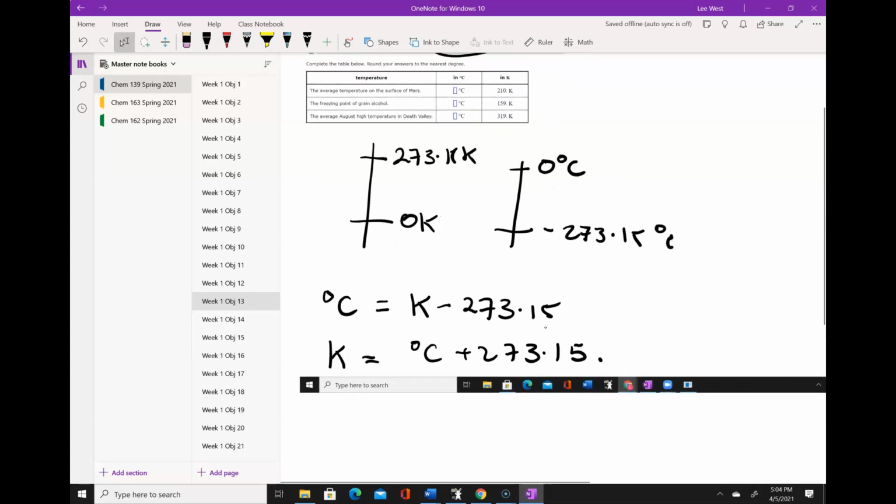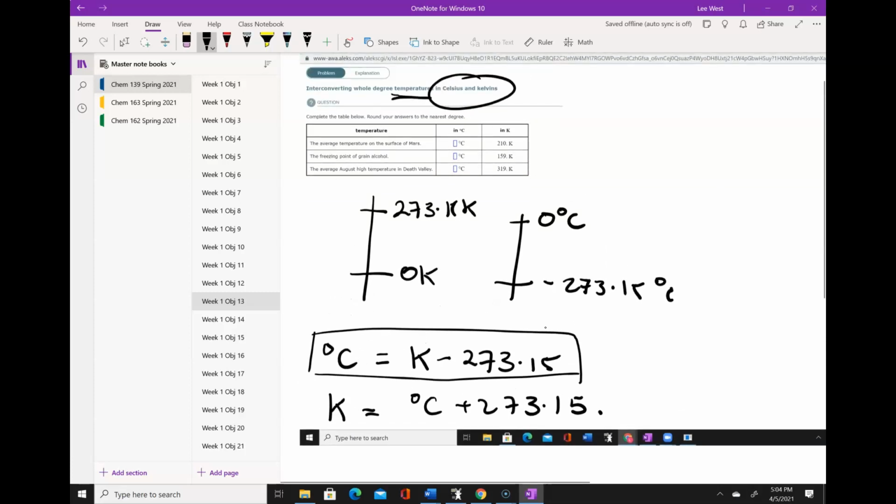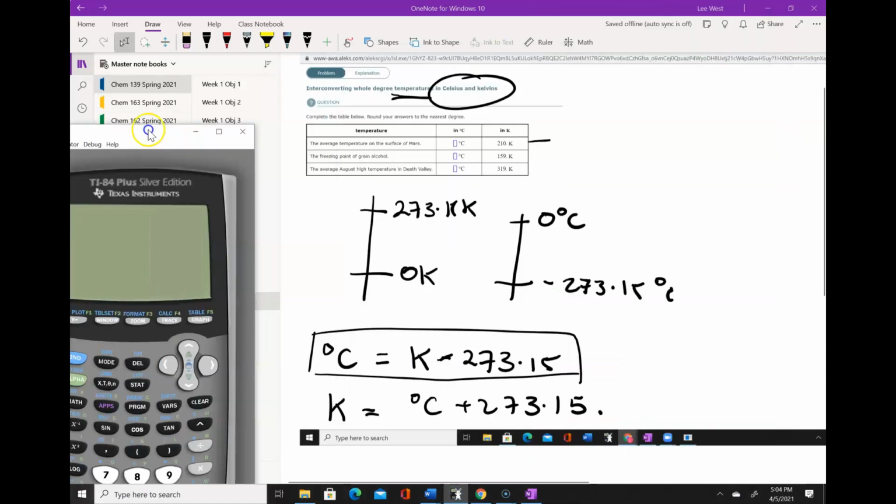So we're going to be using this first formula here, aren't we? Because we're going to be converting from Kelvin into degrees Celsius. So what we need to do in each case is to take the temperature that is given and subtract 273.15 from it.